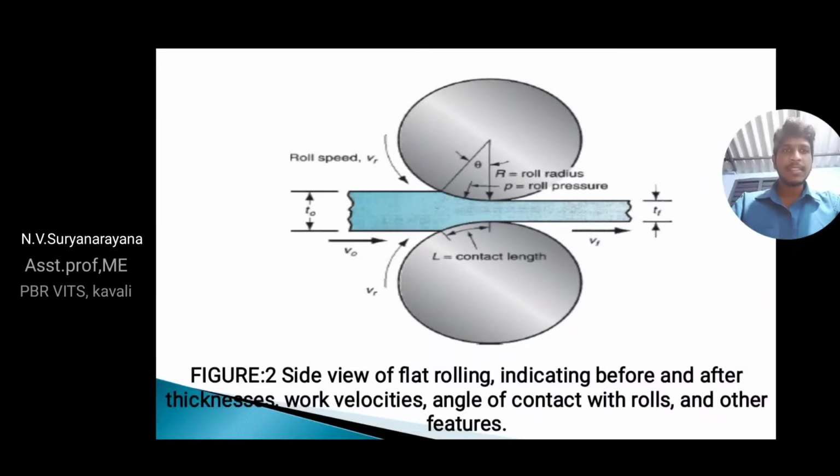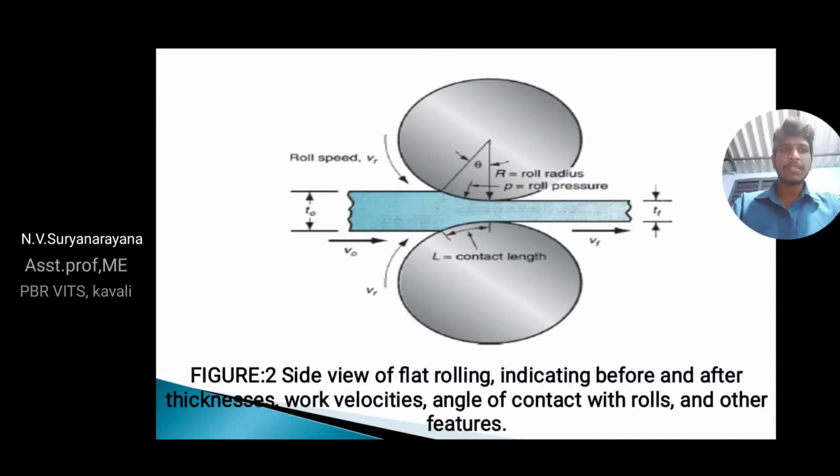The contact made between the two opposing rollers gives the angle of bite or angle of contact. The total length of contact is capital L, the contact length, theta is the angle, capital R is the roll radius, P is the roll pressure, V0 is the initial velocity, and Vf is the final velocity.